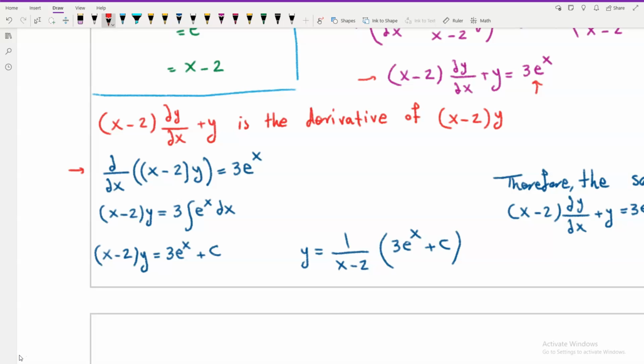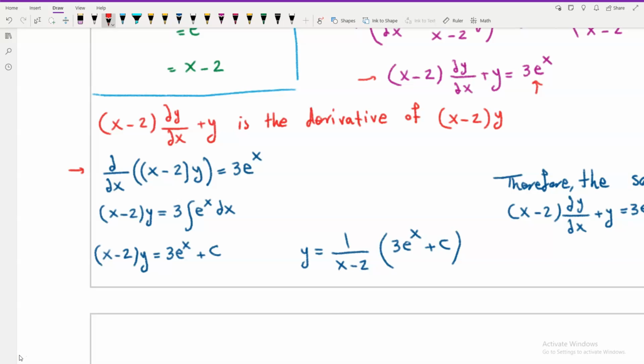Now integrate both sides of the equation. We have x minus 2 times y equal to 3 times the integral of e power x times dx. And then simplify, so x minus 2 times y is equal to 3 times e power x plus constant c.